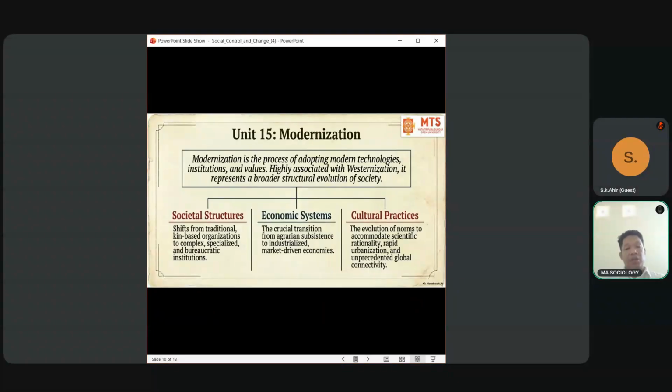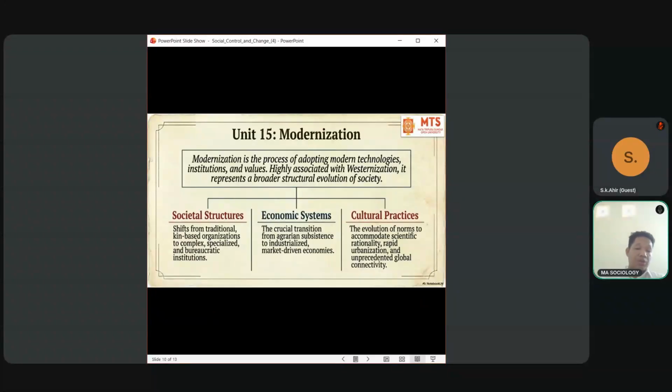In economic systems, there is a crucial transition from agrarian subsistence to industrialized, market-driven economies. Cultural practices evolve to accommodate scientific rationality, rapid urbanization and unprecedented global connectivity. This is what modernization talks about.